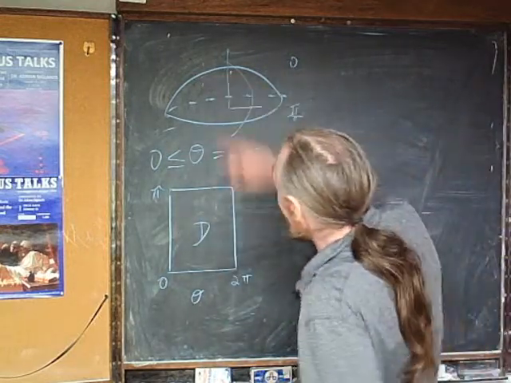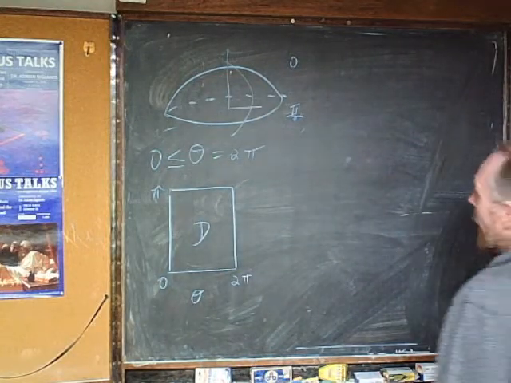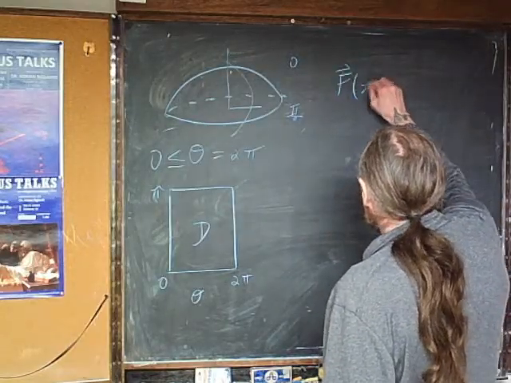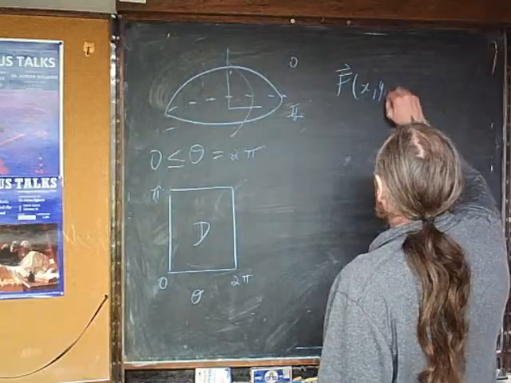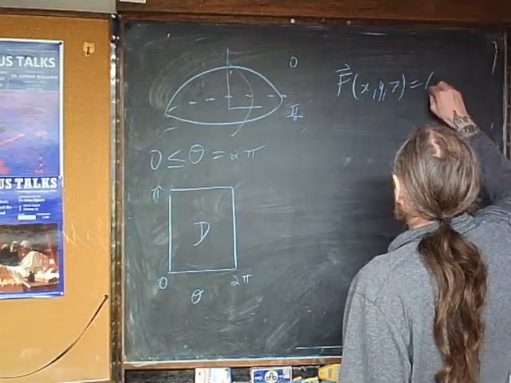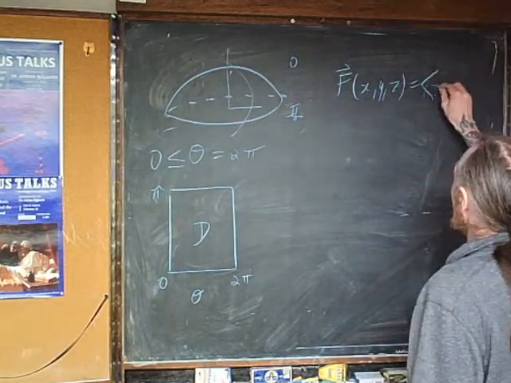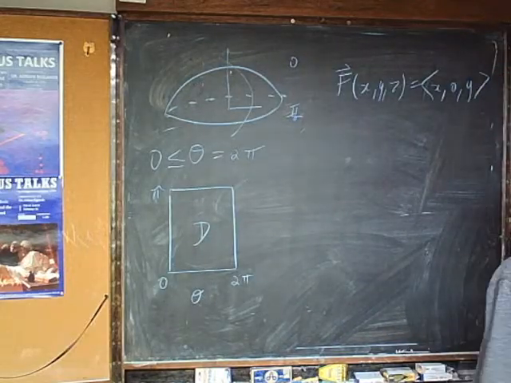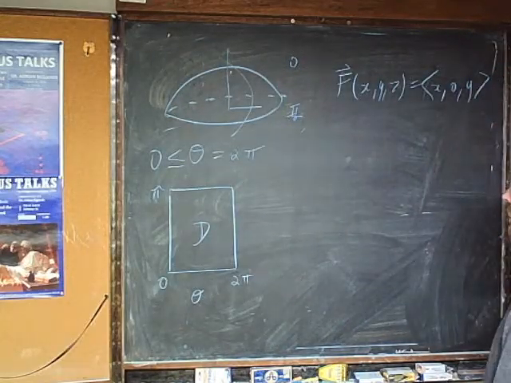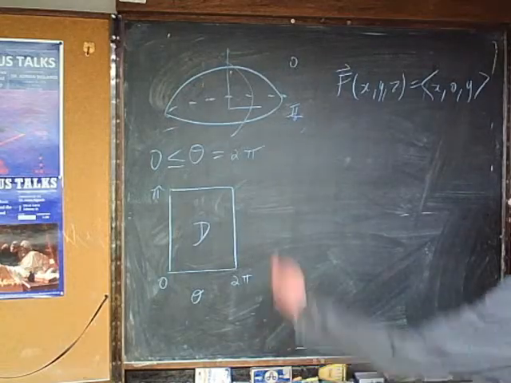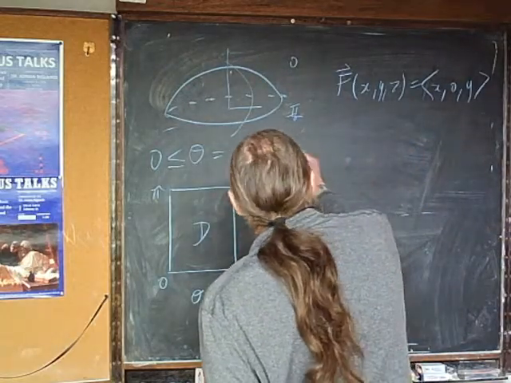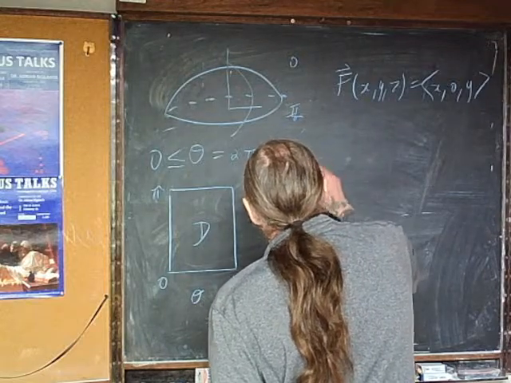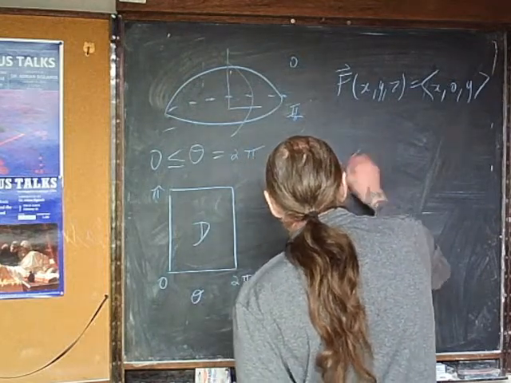There's my surface S. And now let's just create a nice one. F of x, y, z is equal to (x, 0, y). I don't know. Yay, let's see what happens. What is r? r of theta, phi is equal to, do we remember?